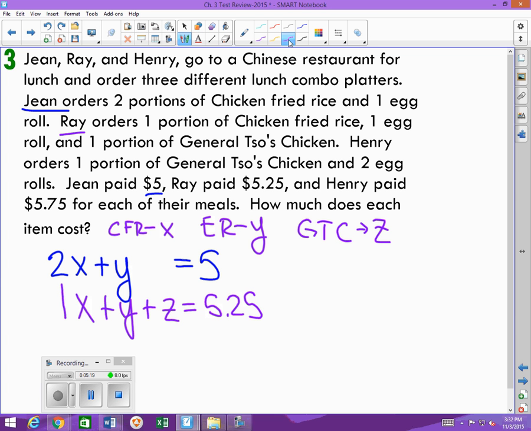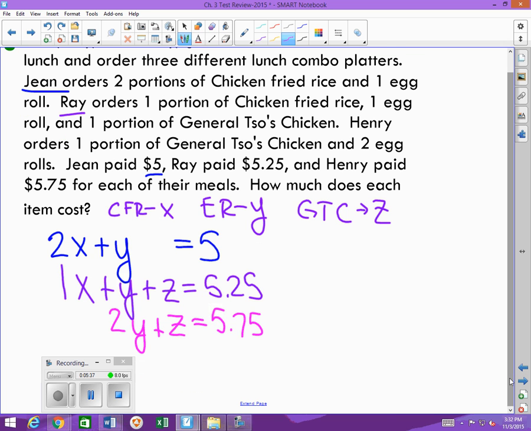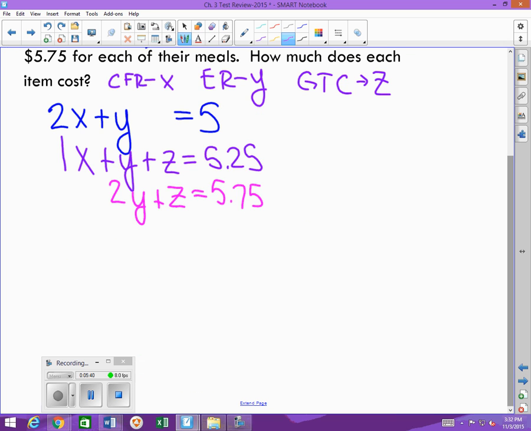And then for Henry, he had 1 portion of General Tso's chicken, so that's Z, and 2 egg rolls, so that'd be 2Y, and his total was 5.75. So now you have to solve this. And let's see, we have X gone here, and we have Z gone there, so you can choose to get rid of X or Z at this point in one of the other equations.